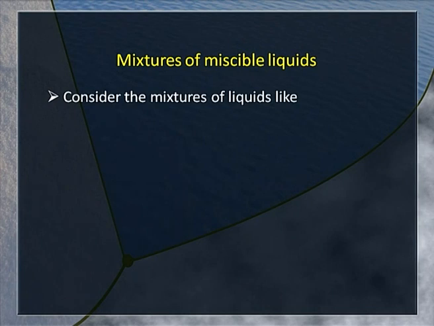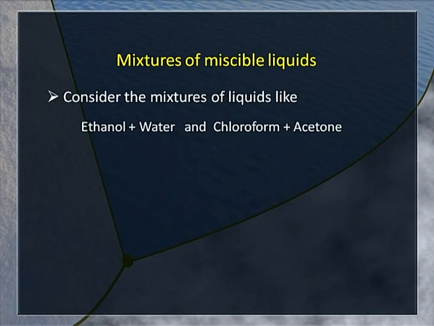So, we are interested in dealing with mixtures of miscible liquids in order to elaborate on liquid vapor equilibria. Consider mixtures of liquids like ethanol and water, chloroform and acetone. Now, which is the solvent and which is the solute in these cases?